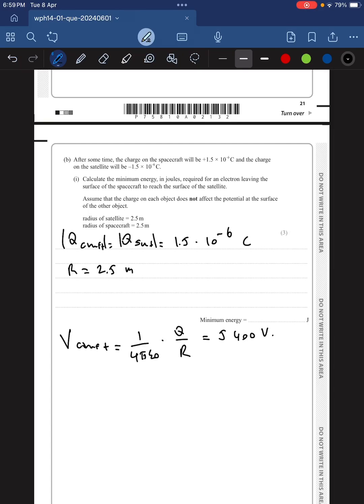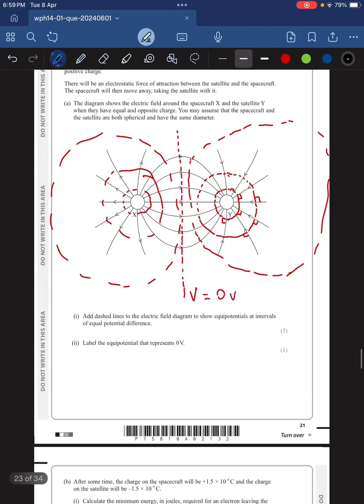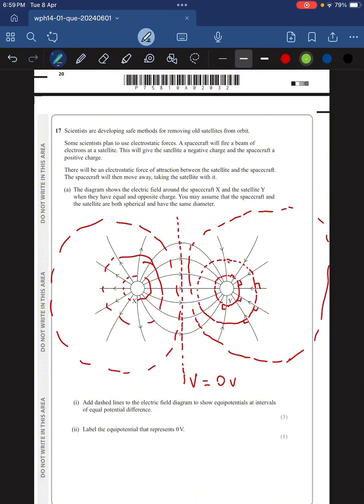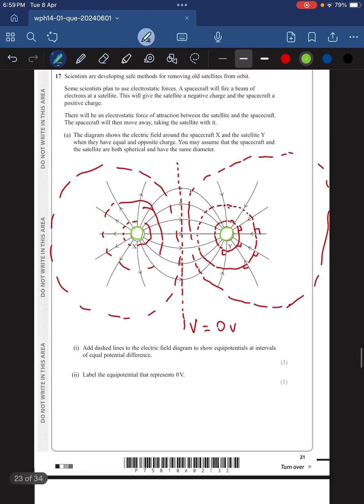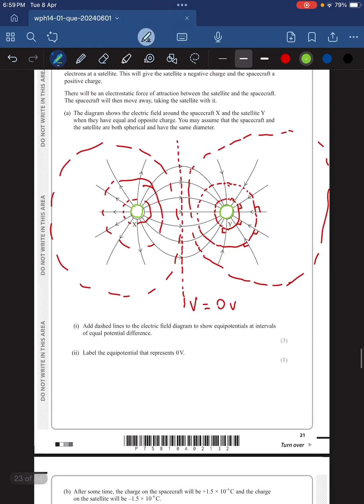So I calculated the potential at the surface of the spacecraft. Therefore, the potential at the surface of the satellite is going to be the opposite of that, so minus 5,400 volts. If we go back here, we are calculating the potential right there, since we are given the charge and the radius. This is the radius.